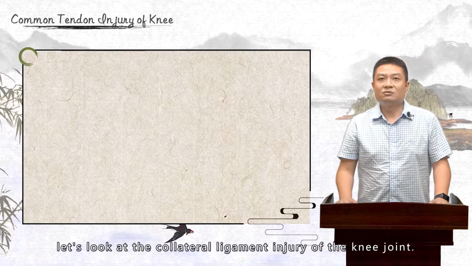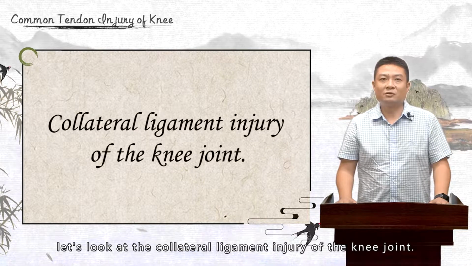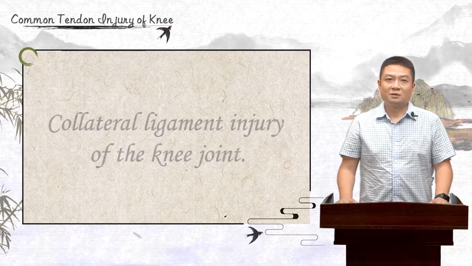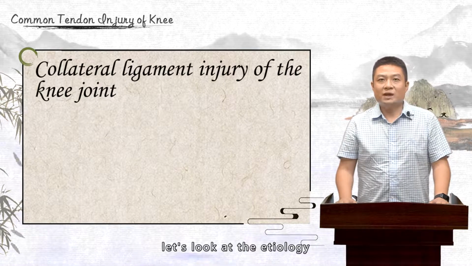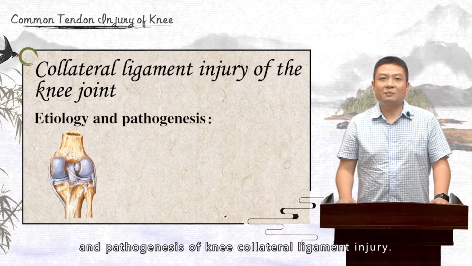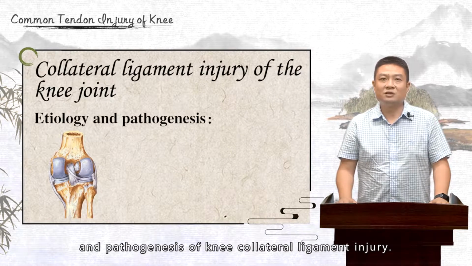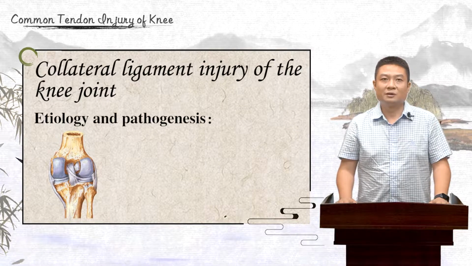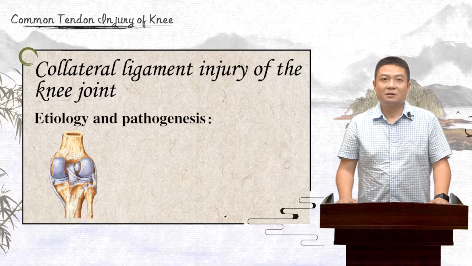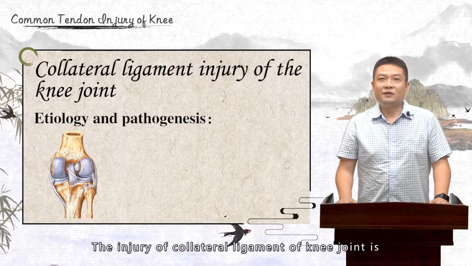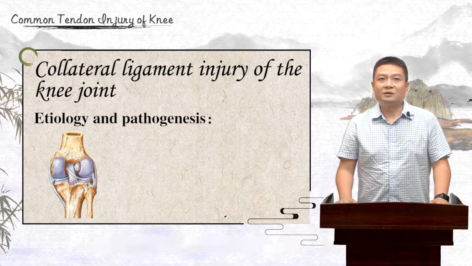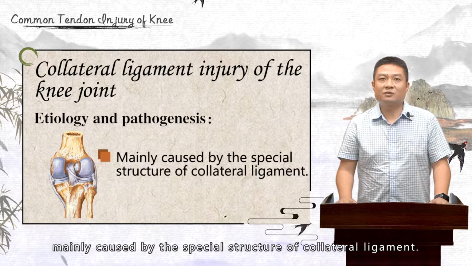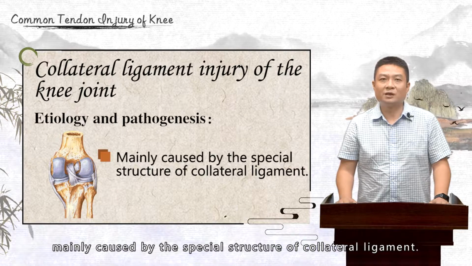Then, let's look at the collateral ligament injury of the knee joint. First, let's look at the etiology and pathogenesis of knee collateral ligament injury. The injury of the collateral ligament of the knee joint is mainly caused by the special structure of the collateral ligament.